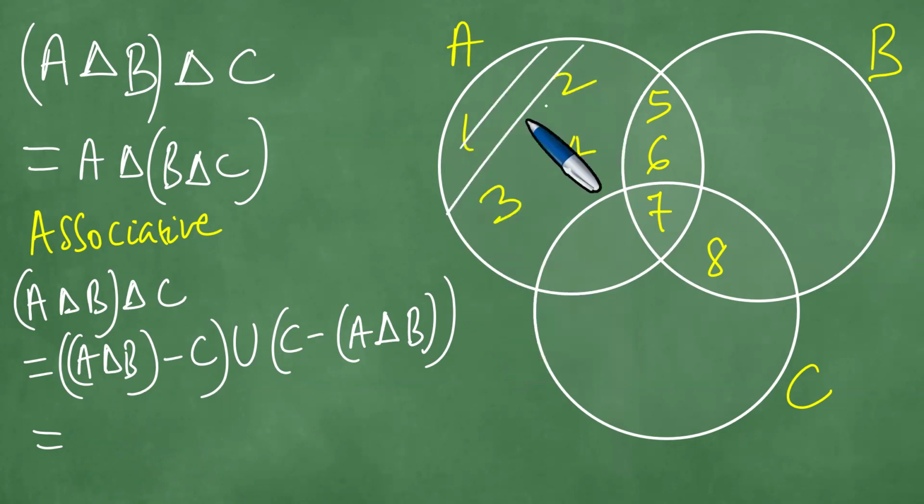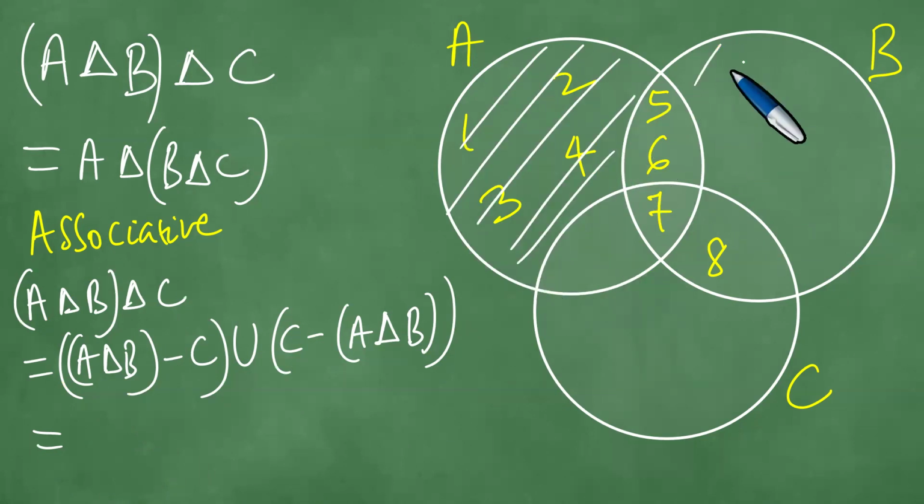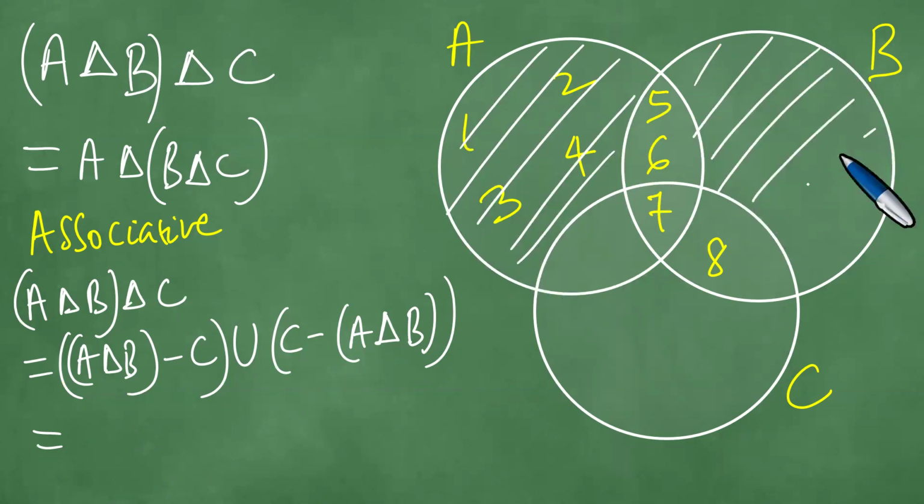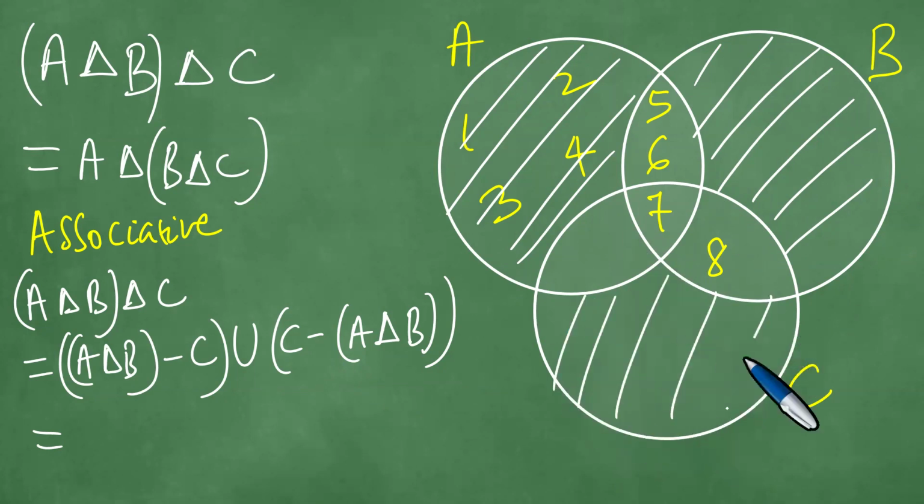Okay, so it will be this: the symmetric difference of A and B, and we're subtracting C from it, but union C minus the symmetric difference of A and B. So if you take C and you remove the symmetric difference of A and B, you're going to have exactly this section here, but also you're going to be left with this section here.